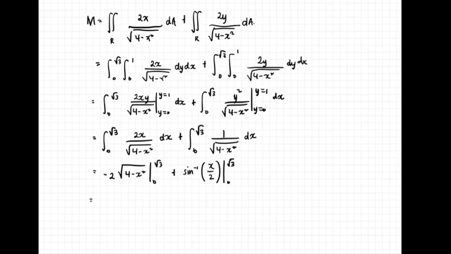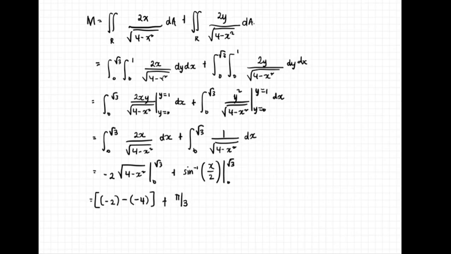And so, this is equal now to, when x is equal to square root of 3, you get here inside the square root 4 minus 3, which is square root of 1, which is 1, so this is negative 2, minus, when x is 0, 4 minus x squared is 4, the square root of which is 2 times negative 2, so that would be minus 4, plus, for sine inverse of x over 2, when x is square root of 3, we get here pi over 3.